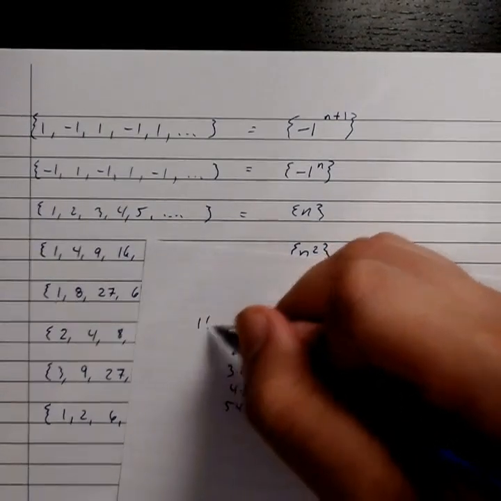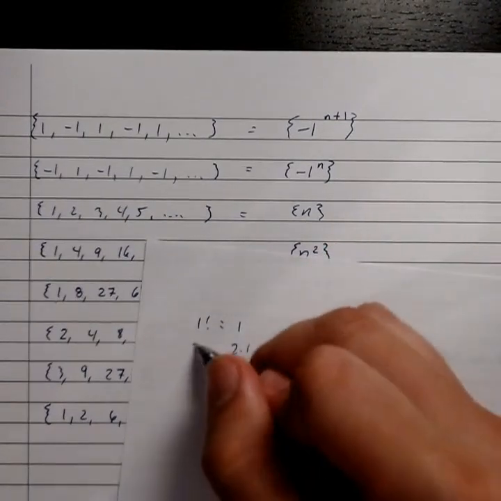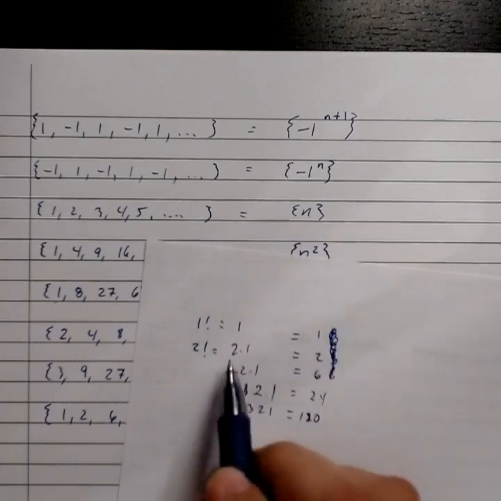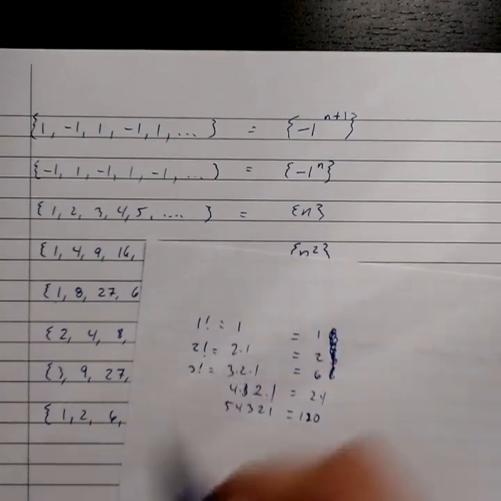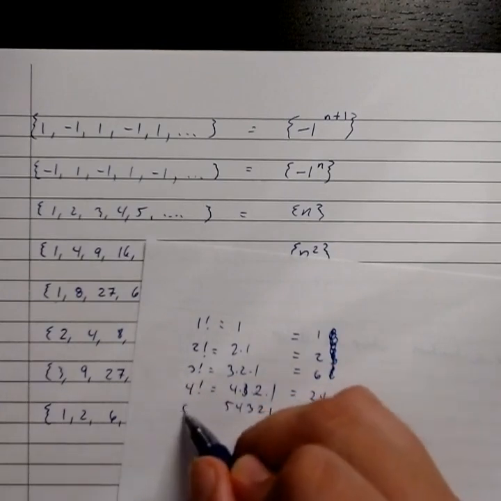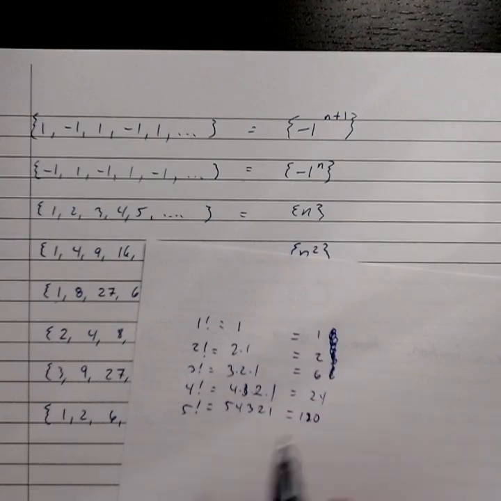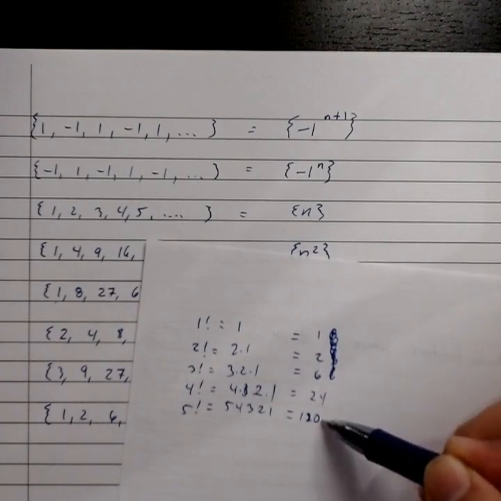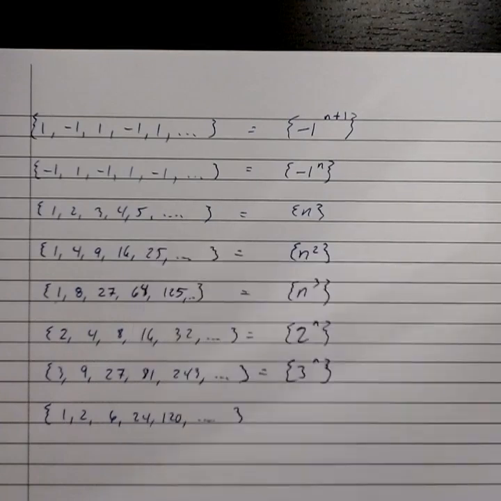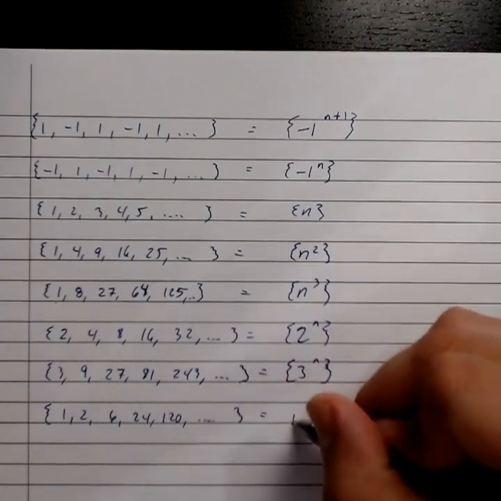So 1 factorial is just the number 1. 2 factorial is 2 times 1. 3 factorial is 3 times 2 times 1. 4 factorial is 4 times 3 times 2 times 1. 5 factorial is 5 times 4 times 3 times 2 times 1. Or 1, 2, 6, 24, 120. So that would be the nth term factorial.